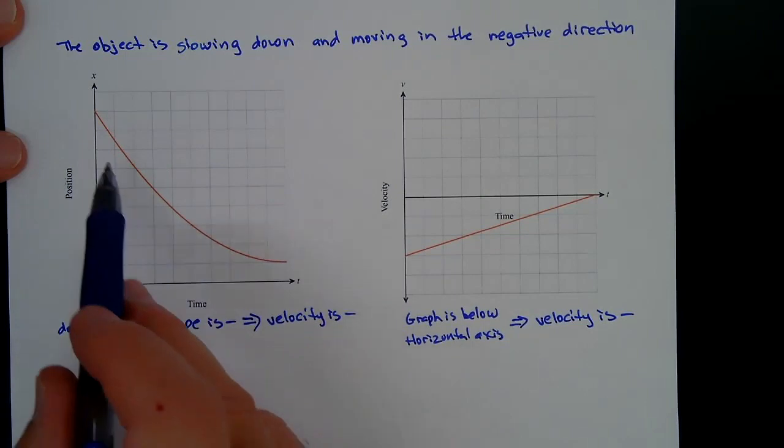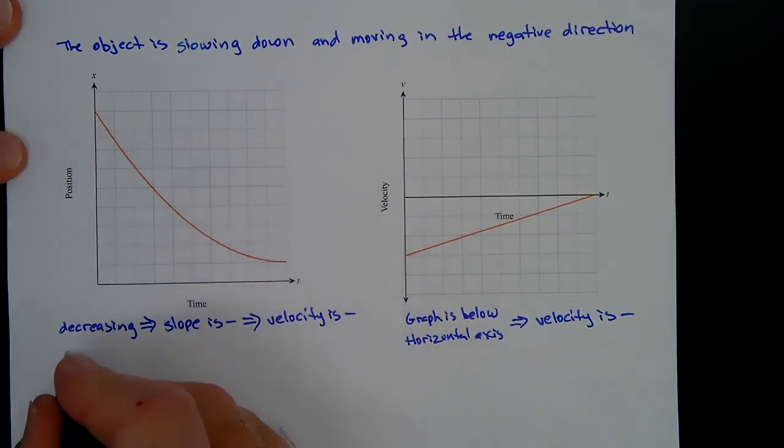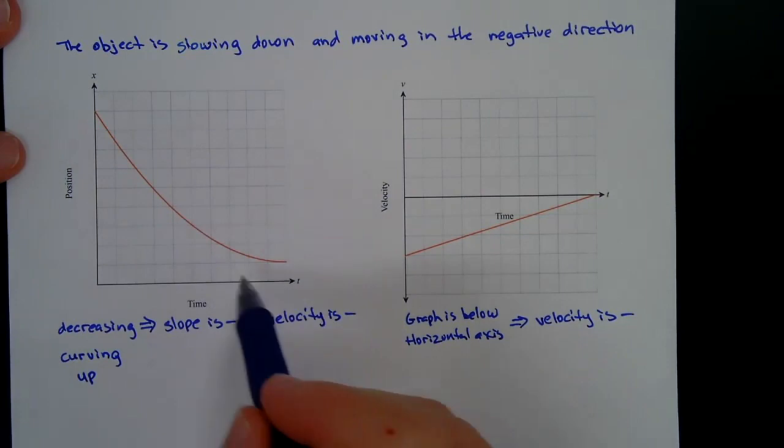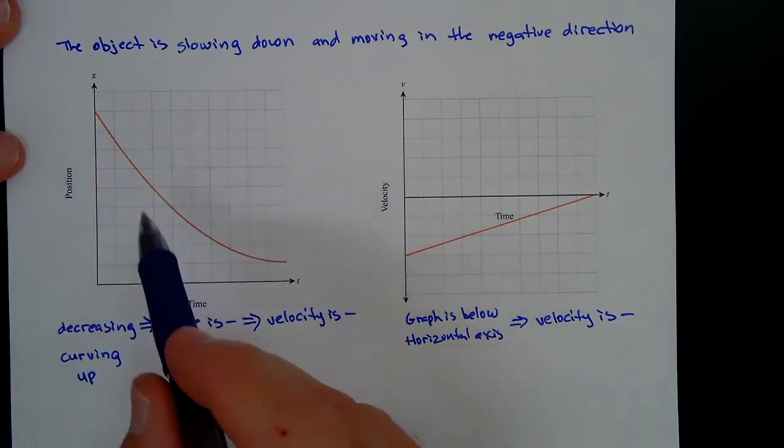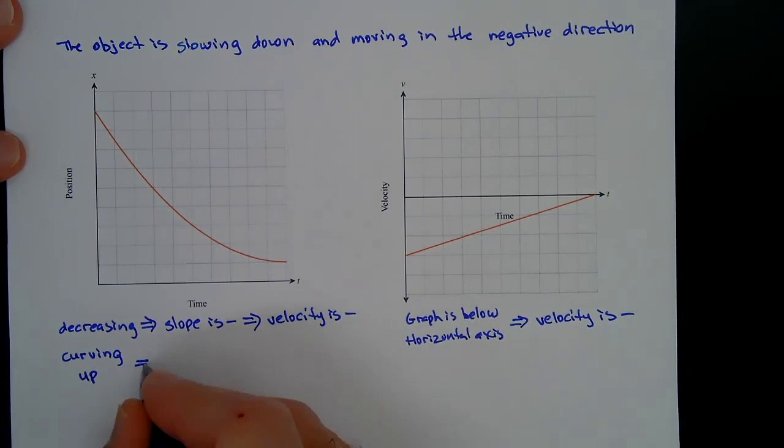Over here, I'm looking now at the curvature of this. It's curving up. And since it's curving up, it's bending up, then for a position time graph, that's telling me the acceleration is positive.